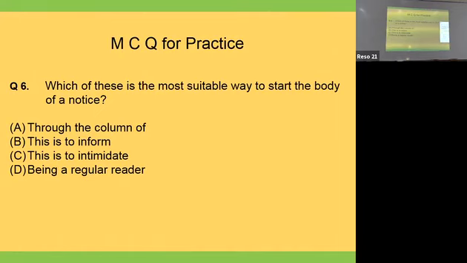Intimidate is to rebuke, to scold. If it were intimate, then conflicting answers could have been there, but this is to inform. Yeah, Priya Rajan, I got your answer. It is B. Your answer is correct. You won 1 crore. Come on, very good.